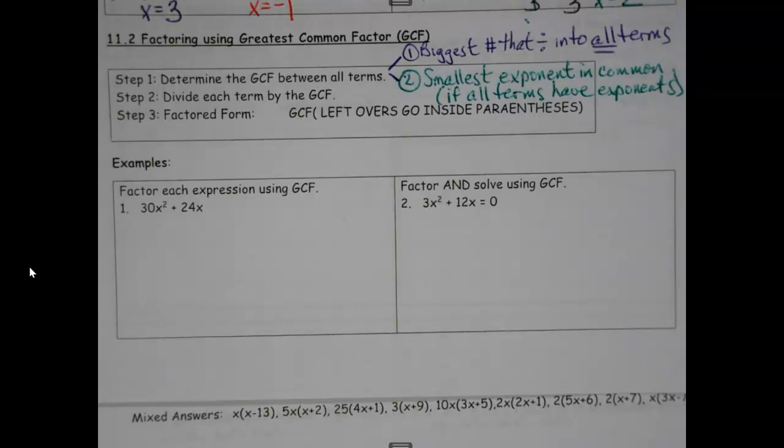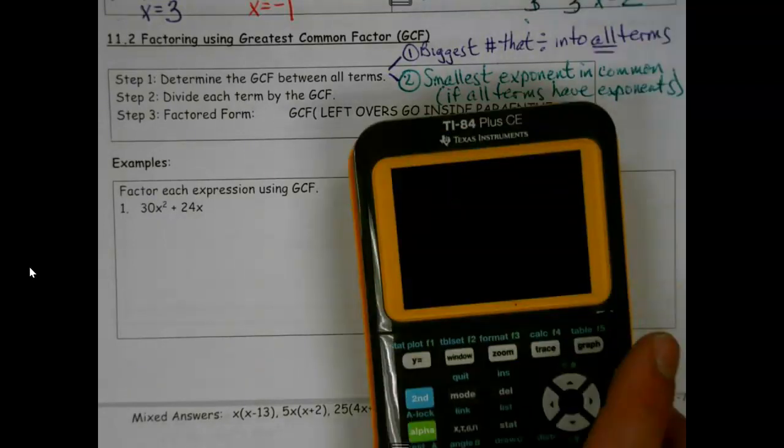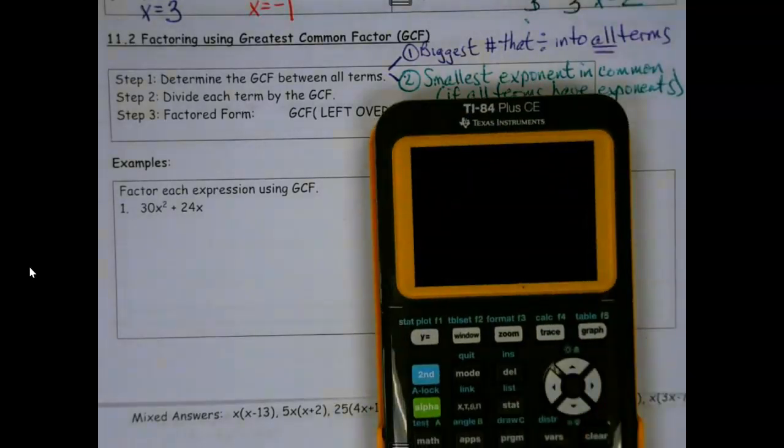Now that gets to be problematic sometimes, because if we're looking at a problem like we were in the first one, 24 and 30, I can't just say, well, 2 goes into both of them, I'm good. We got to find the biggest one. So how are we going to do that? Either we're going to have to do a little bit of playing around with the calculator, possibly.